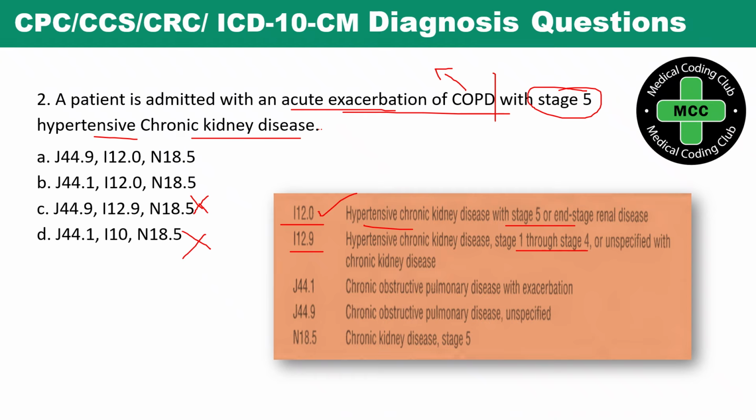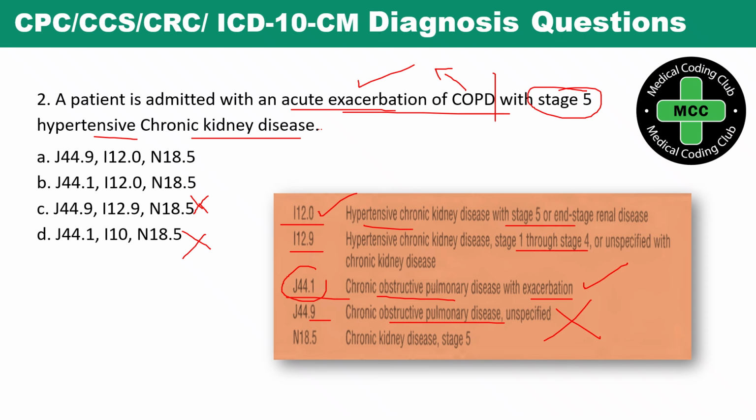Next, we'll check acute exacerbation of COPD. You can verify option A and option B. Option A has J449, which says chronic obstructive pulmonary disease, unspecified. We don't need unspecified because we have documentation of exacerbation. So you need to take your code as J441, chronic obstructive pulmonary disease with exacerbation.